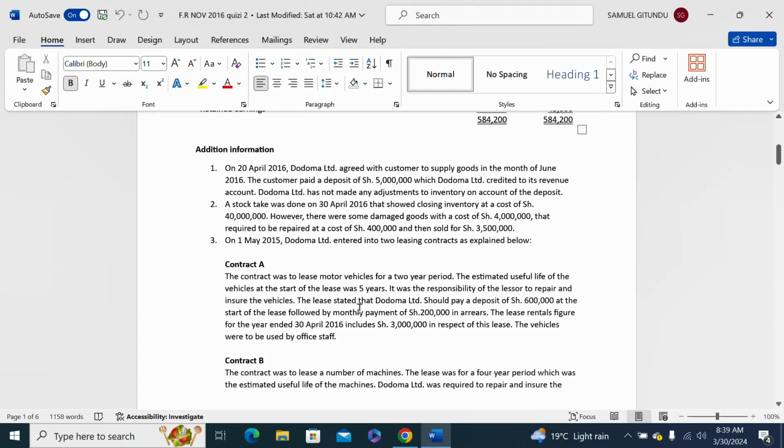The lease stated that Dodoma Limited should pay a deposit of 600,000 at the start of the lease, followed by monthly payments of shillings 200,000 in arrears. The lease rental figure for the year ended 30th April 2016 includes shillings 3 million in respect of this lease. The vehicles were to be used by office staff.